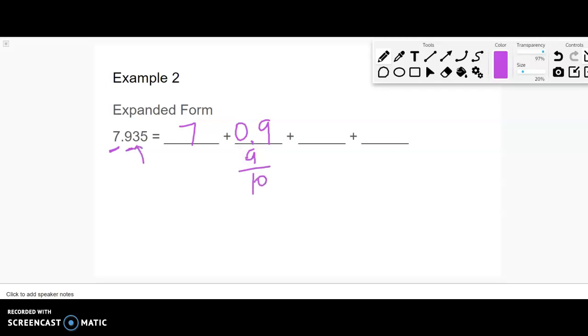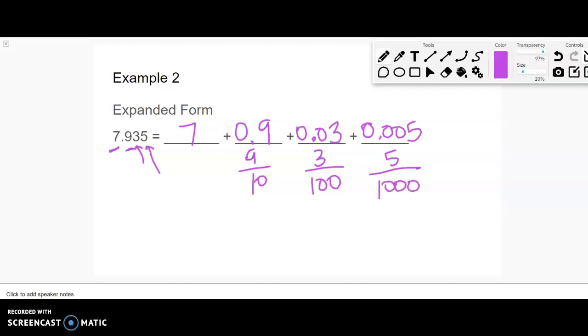Then we have 3 hundredths. Again, we're just putting it in its spot and putting zeros so that it ends up in its right spot. Or we could say 3 hundredths. And then our last one, we have 5 thousandths or 5 thousandths.